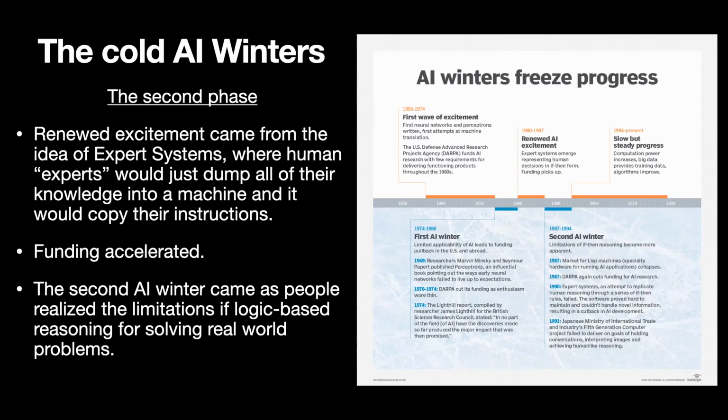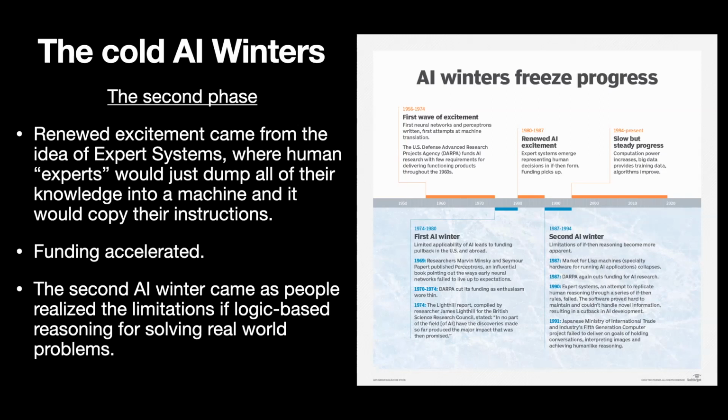What an expert system was: they would take human experts, and the human experts would try to dump all of their knowledge into a database. It is ridiculous, but they would dump all their ideas into a database, and they would try to design robots that use that information to solve problems.